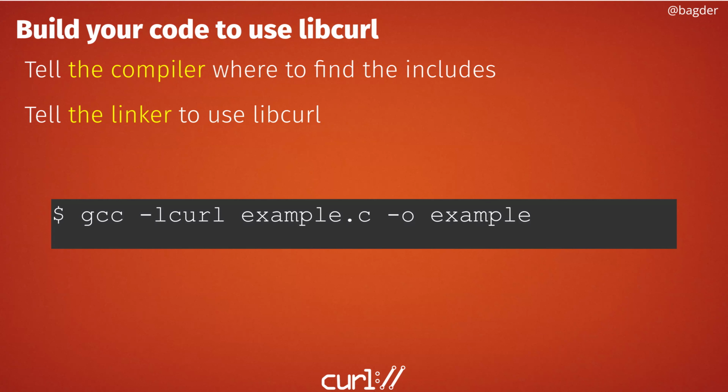And in most distros and installation situations, it is installed in the default include path, so you don't have to specify where to find the includes, it's just there. So this is how you do it in most Linux distros and Homebrew and stuff like that.